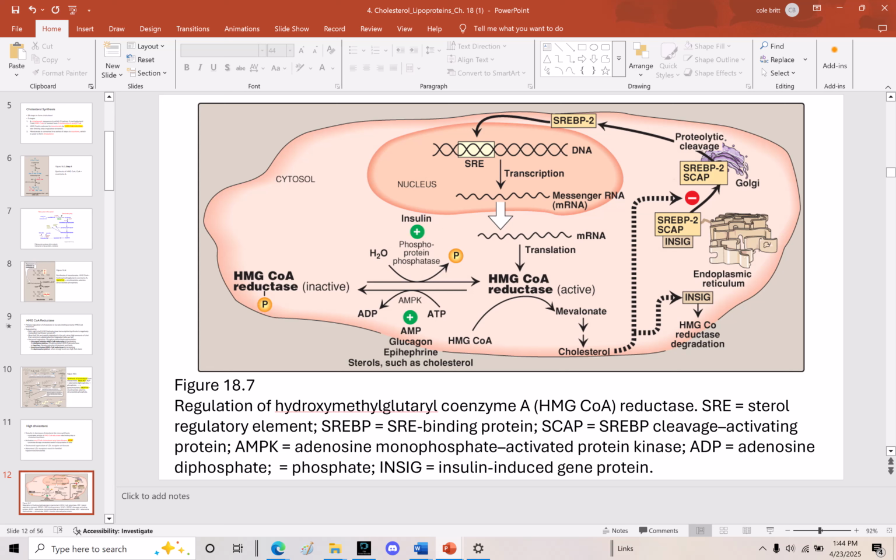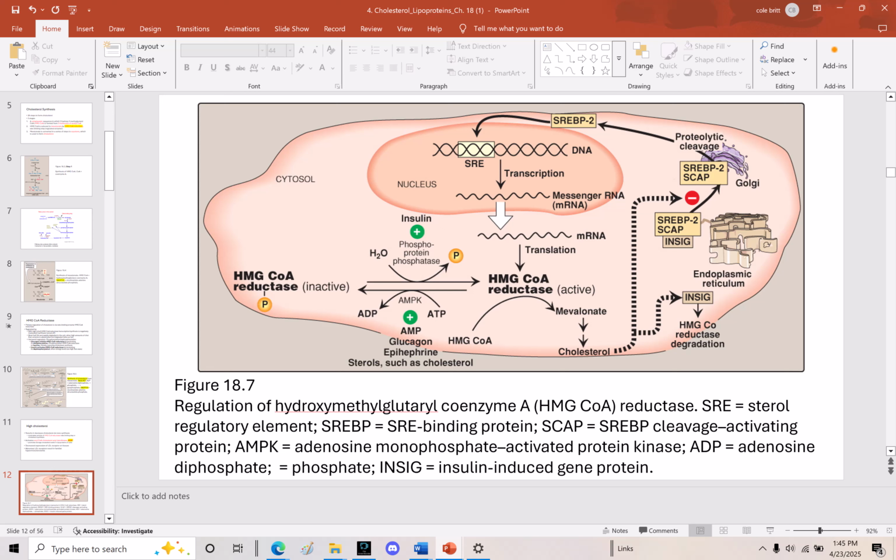So it's just showing you what I already talked about. This is how it inhibits. It'll go back and turn off this regulatory transcription factor needed to synthesize it. You don't have to know all that detail, but that is how it turns it off using this steroid regulatory element binding protein. The steroid regulatory element is needed to turn on the synthesis of cholesterol, and cholesterol will feed back and turn it off.